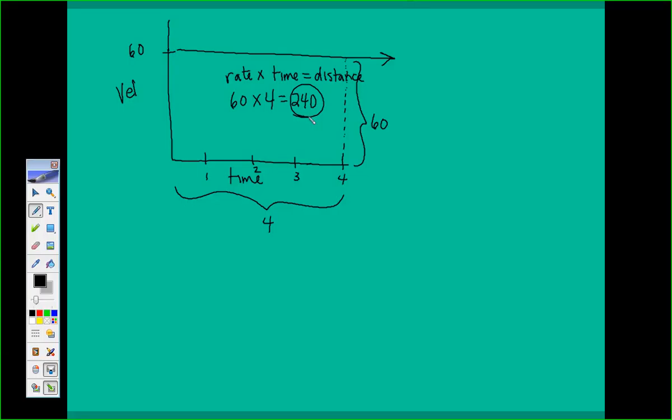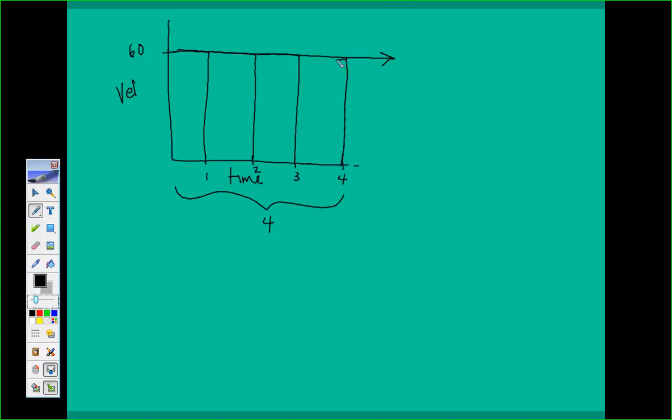Now, applying this to what we saw in the last video, what if we were looking for the area under the curve, but we wanted to use rectangles to help us find the area under the curve? If we were to use rectangles, you can see that we would be able to find the exact values of these rectangles to represent the area under the curve.